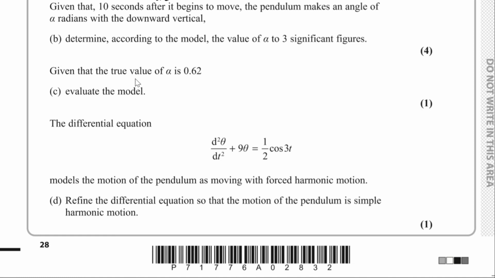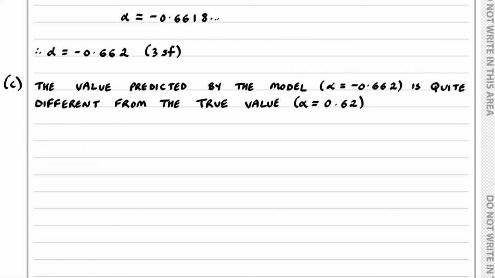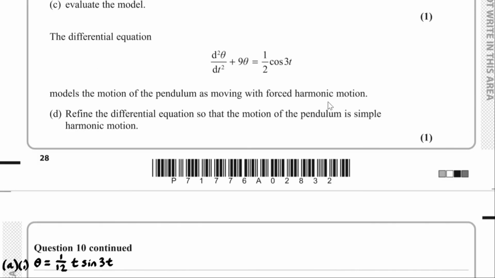Now, given that the true value of alpha is 0.62, for part C we have to evaluate the model. So for part C, the value predicted by the model, which was alpha equals minus 0.662, which is what we found here, that's quite different from the true value of alpha equaling 0.62. And so the model is not good for all values of t.